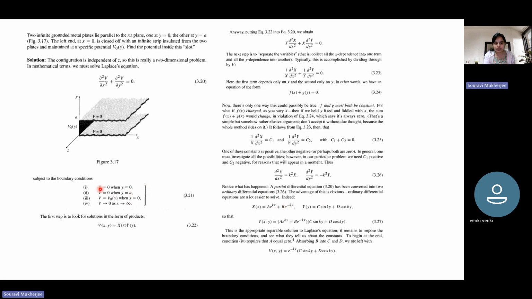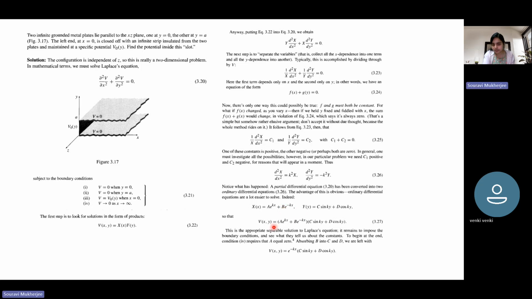Here you can see that the potential goes to 0 at y equal to 0 as well as y equal to a, which makes us believe that if we have a form of sine and cosine in the function y, it would be more meaningful, then we would be able to apply the boundary conditions properly. Similarly here, as you can see, as x tends to infinity, this goes to 0. So if you have an exponential form, you can actually play with it.